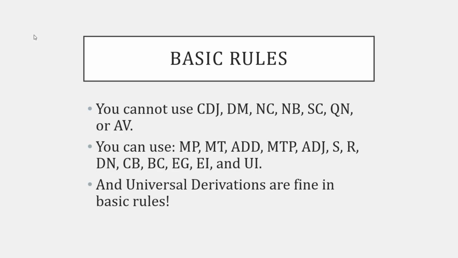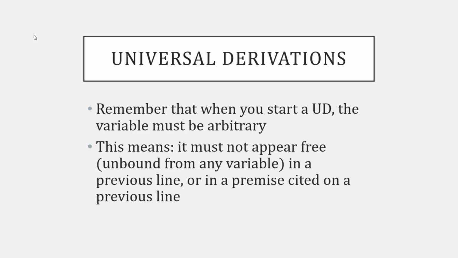And to reiterate, I think I said this before test 2, but universal derivations are considered part of the basic rules package. In some sense, they're not really a rule, they're a derivation type. So just like you're allowed to use CD and ID in basic rules derivations, you're allowed to use UDs. But the TAs asked me to reiterate one thing, because a number of people had problems with this on test 2.